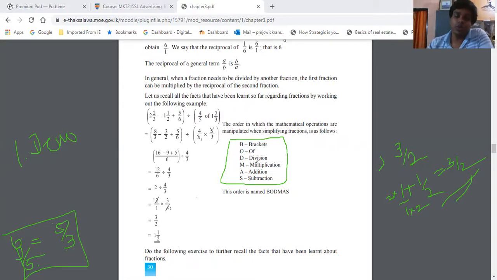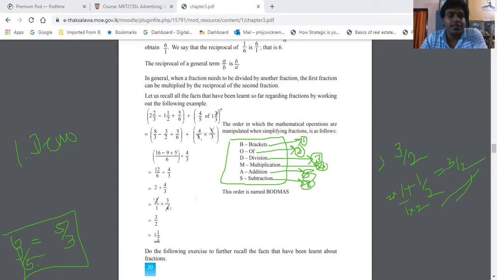It says: number one, simplify the stuff inside the brackets. Then simplify offs. Then simplify divisions, that's number 3. Then multiplications, number 4. Then additions, number 5. Then subtractions, number 6.